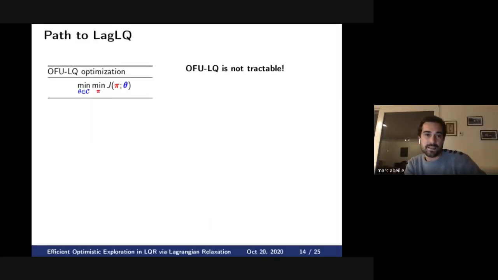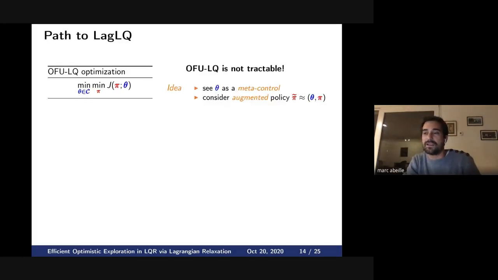The key steps to obtain LagLQ can be summarized as follows. We start with the intractable original optimization problem, where we have to optimize jointly over parameters and policies. Building on the idea behind extended value iteration, which is designed for the tabular case, the MDP setting, the idea is to see parameters theta as some sort of meta control variable.